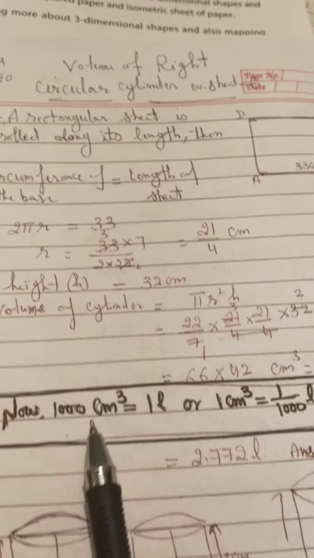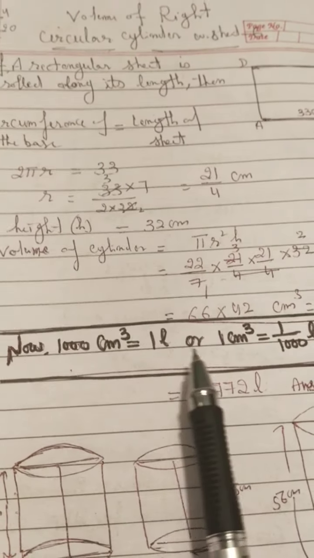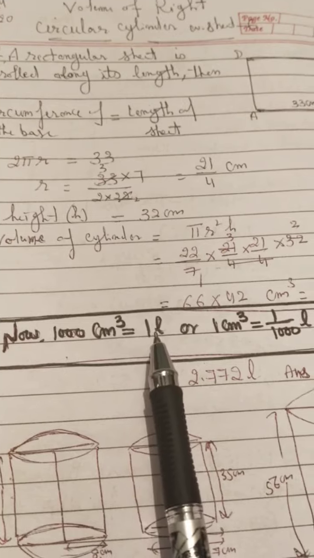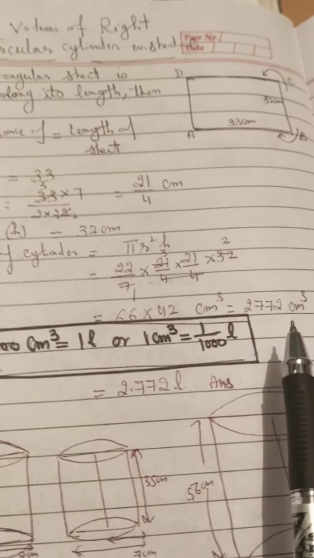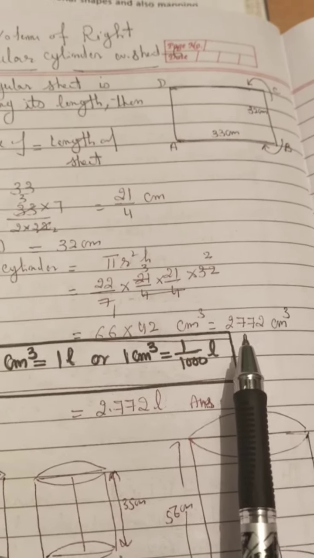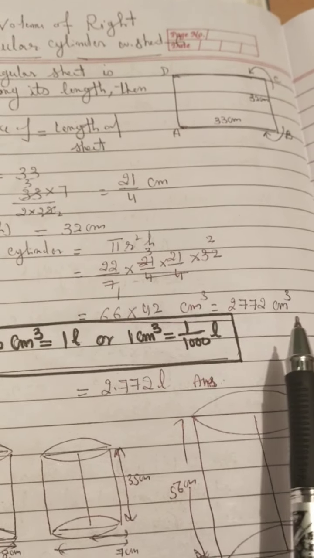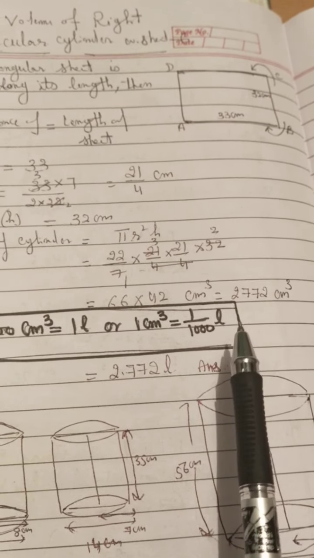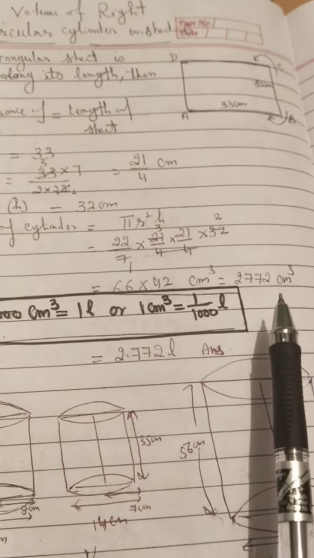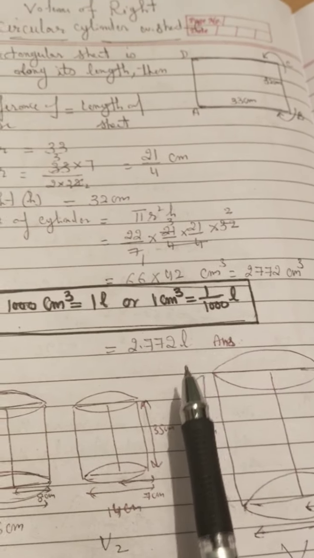So in this way we can find the capacity. So don't forget it: 1000 cubic centimeter is equal to 1 liter, or 1 cubic centimeter is equal to 1 upon 1000 liters. So to convert cubic centimeter into liter, we divide the given number by 1000.